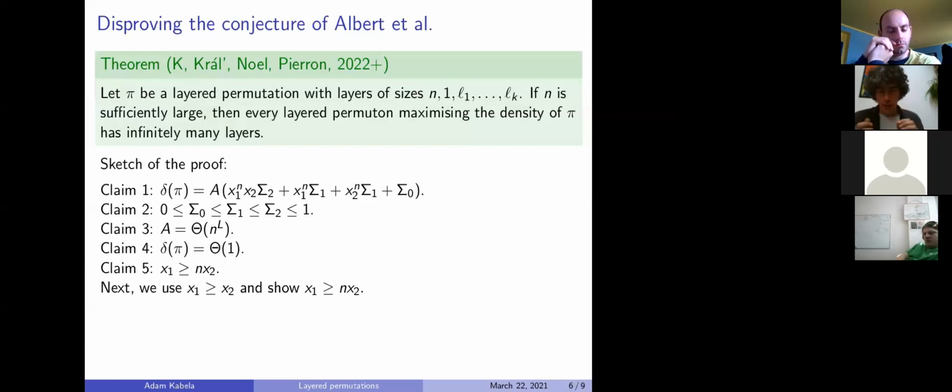In order to do that, once again, we think of the permutation considered, that is the permutation maximizing density of pi. We think of the first two layers of the permutation, and we think maybe we can take the first layer, cut just a tiny bit of it, just an epsilon bit of it, and add it to the second layer.